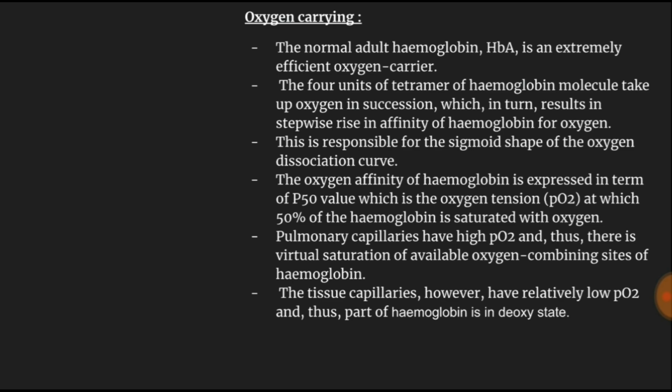It is represented graphically how the RBC is involved in the dissociation of oxygen. That is sigmoid in shape. So the sigmoid shape is represented for the oxygen carrying capacity.